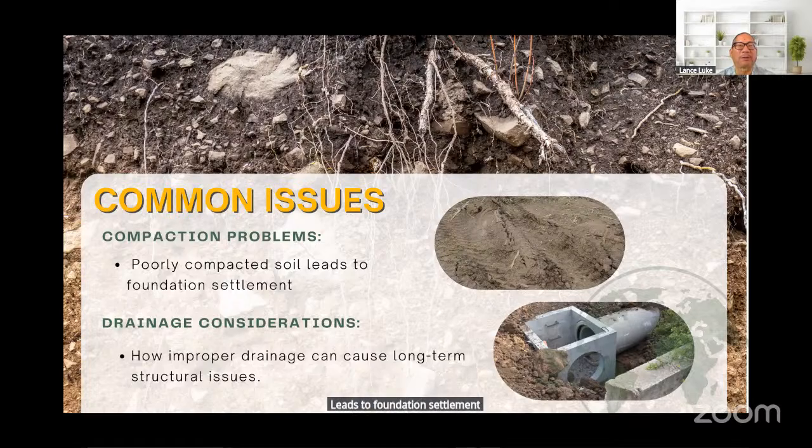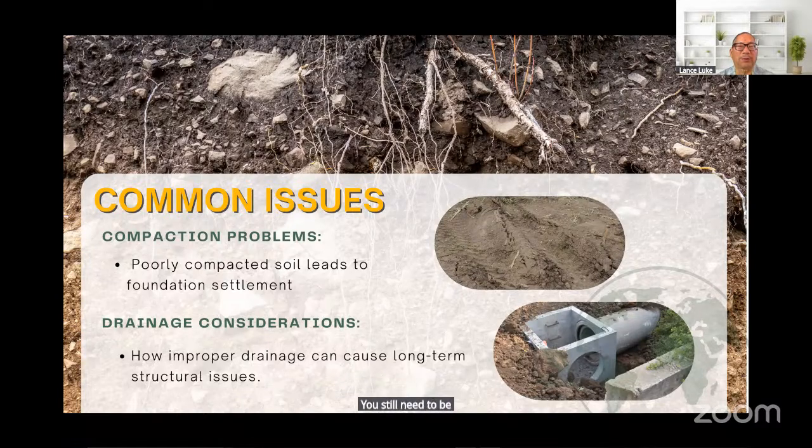Now, I mentioned buildings, right, or bridges, but you need to know what the soil condition is too if you're constructing roads, roadways, parking lots, things like that. That has an effect on your roadway. So even if it's concrete, you still need to be aware.